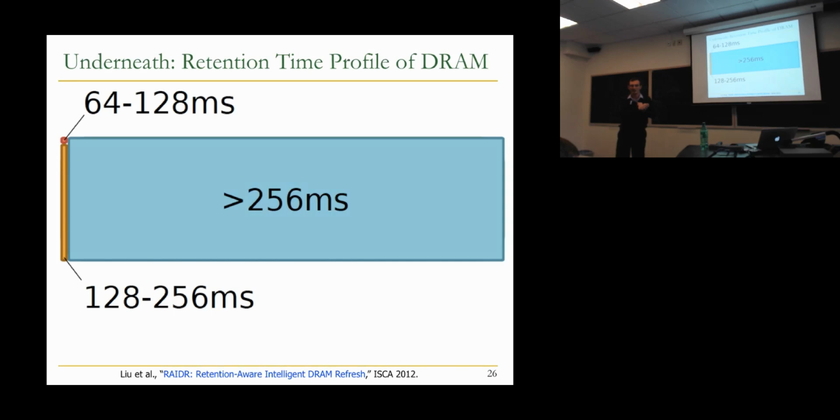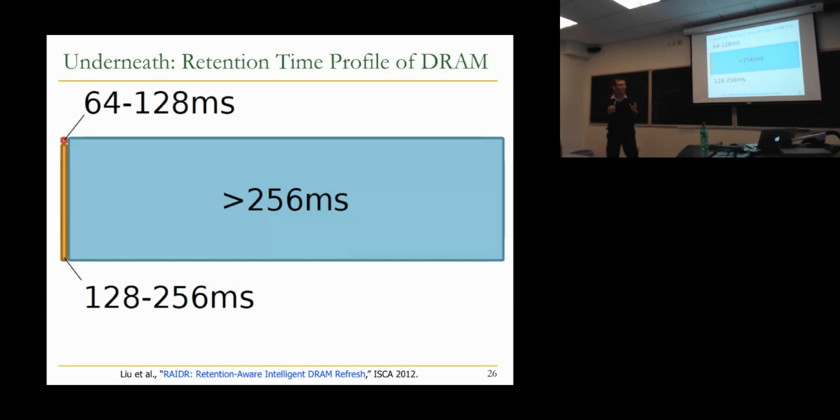And since most of the rows in the entire DRAM system fall into this huge bin, now you can get rid of almost 75% of your refreshes, right? Because instead of refreshing most of your rows every 64 milliseconds, you're refreshing them every 256 milliseconds, 4x the period. Does that make sense?